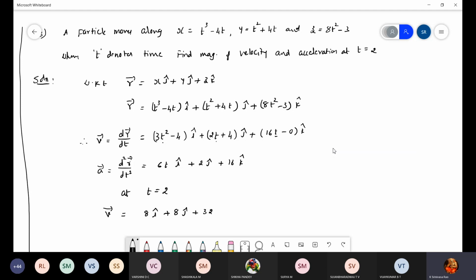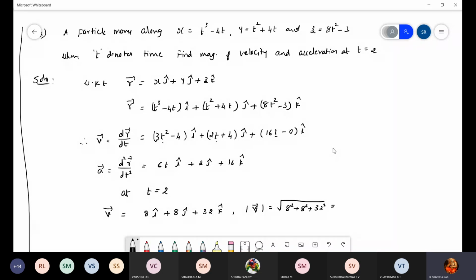This is the velocity, and the magnitude is the square root of 8 square plus 8 square plus 32 square. You will get some big number.